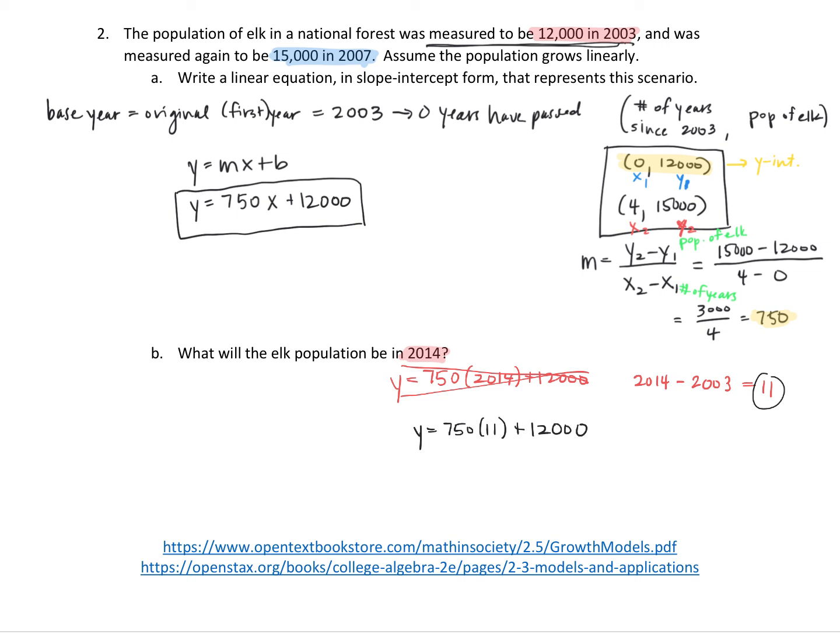So 750 times 11 is 8,250. And then we would add that to the 12,000 and we would get 20,250. So that would be the elk population in 2014.